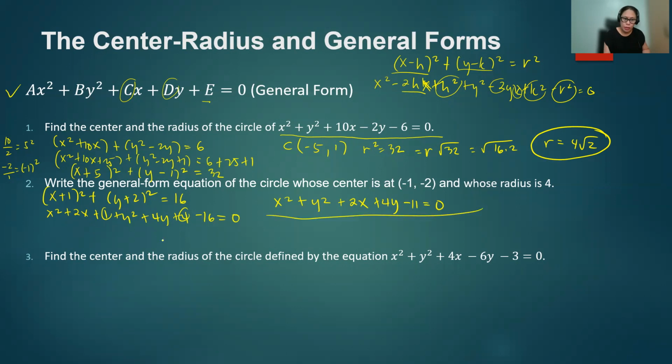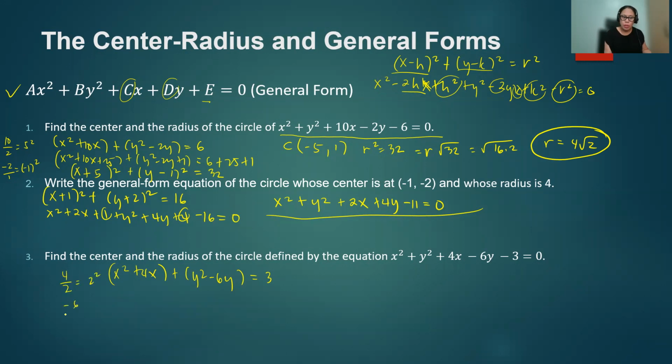And then for the last expression, same with what we did in number 1, we group the left side. So we have x squared plus 4x, and then y squared minus 6y. Transpose negative 3 to the other side. Now think of an expression such that when added to each group, it will be a perfect square trinomial. So we divide the coefficient of x by 2 and then square.